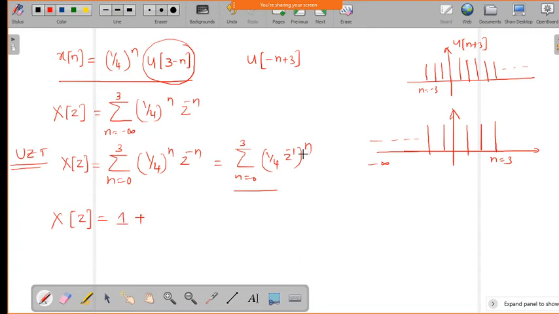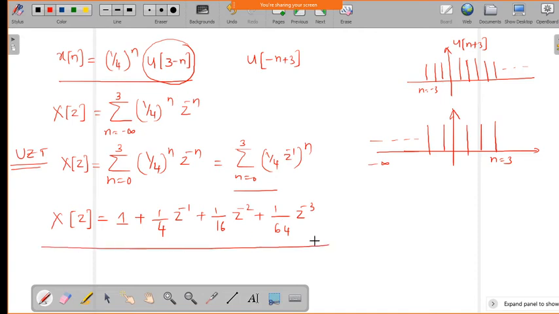For n equal to 1, (1/4) z inverse, plus 1/16 for n equal to 2, and for n equal to 3, (1/64) z^(-3). So this is the unilateral z transform for this one. Now understood?